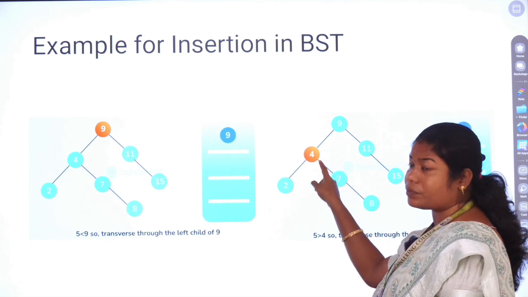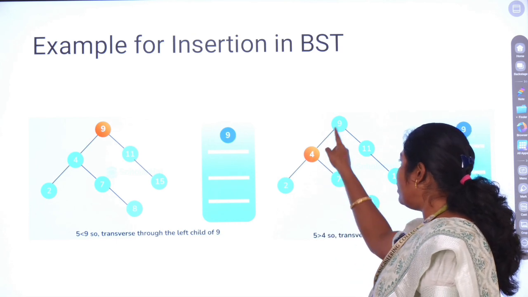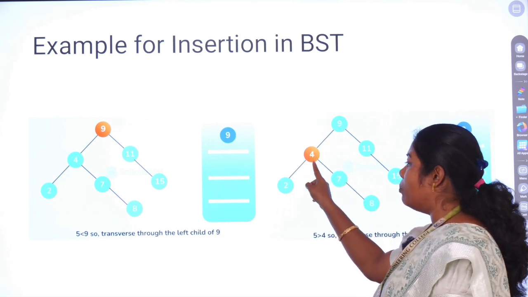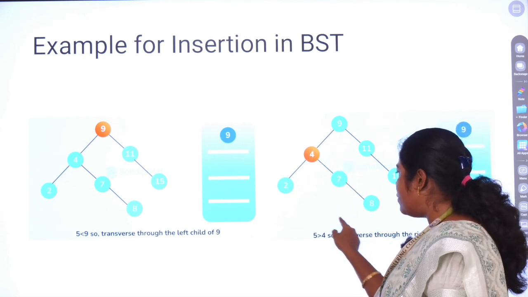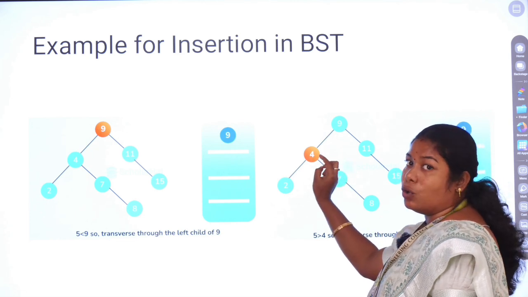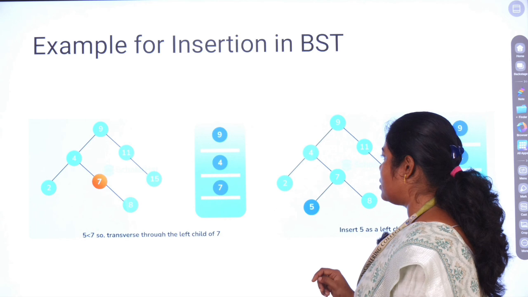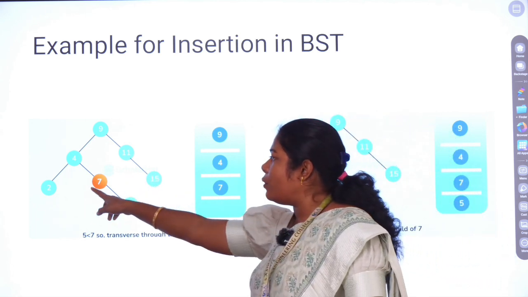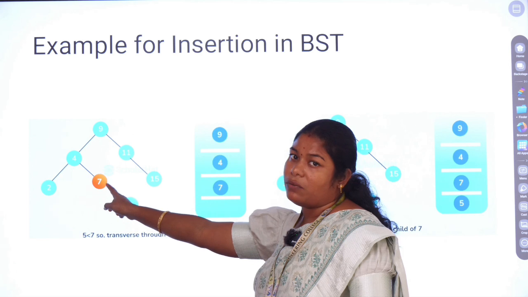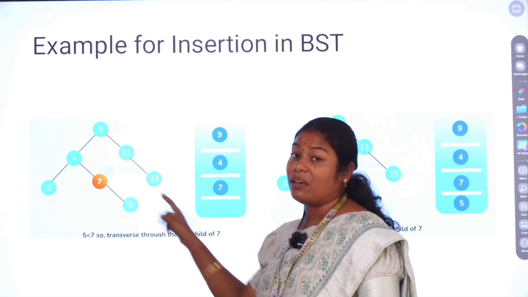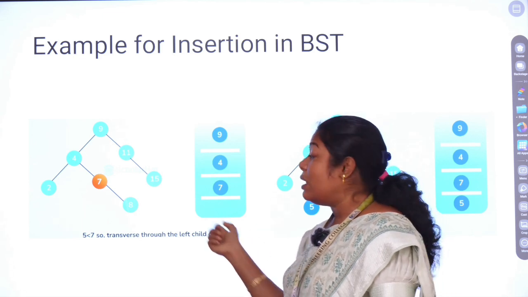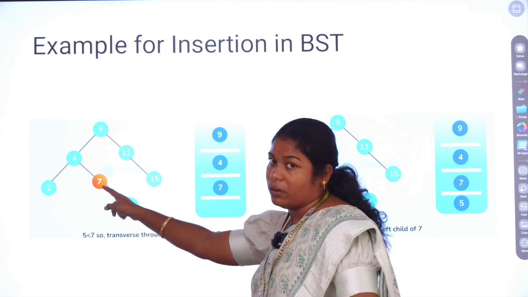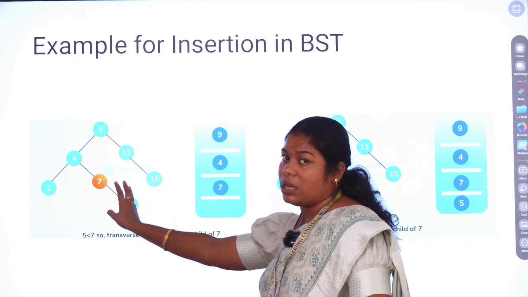Next, I will compare 5 with 7 here. When comparing 5 with 7, 7 is greater than 5, so I have to traverse through the left subtree of 7. This is the condition.